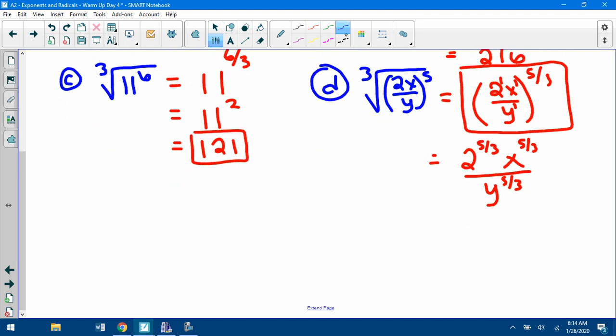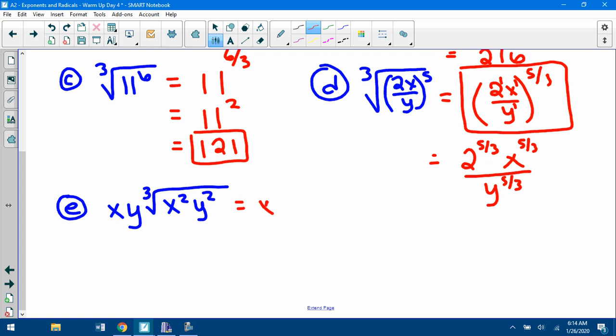All right, last one, a little tricky. Make this an expression with rational exponents: xy times the cube root of x squared y squared. Well, the xy doesn't have any root or anything, so that's just going to stay out front. But this piece, we're having x squared y squared. What do you think the power on that would be?